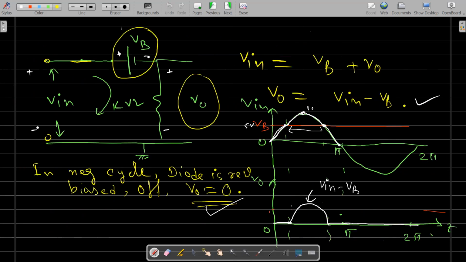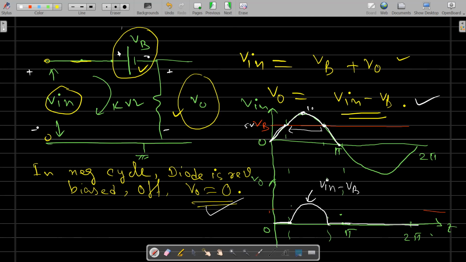Now, if we apply KVL, the statement will be: Vin, this voltage, is equal to this voltage plus this voltage. So Vin equals VB plus V0, or simply V0 equals Vin minus VB. So when the diode is on, the output is Vin minus VB.